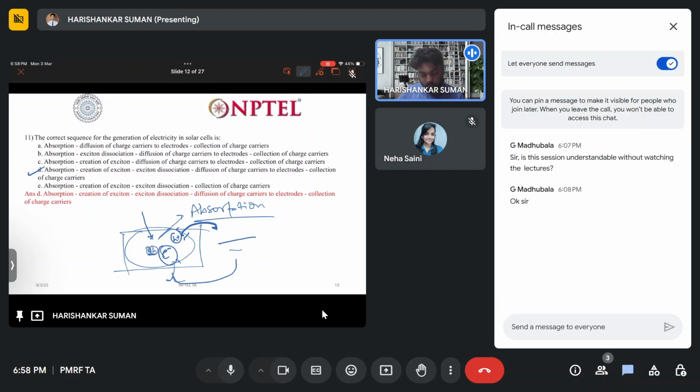Let's see, we have an external circuit, we will get power here. Then collection of charge carrier. Okay, this is the sequence.